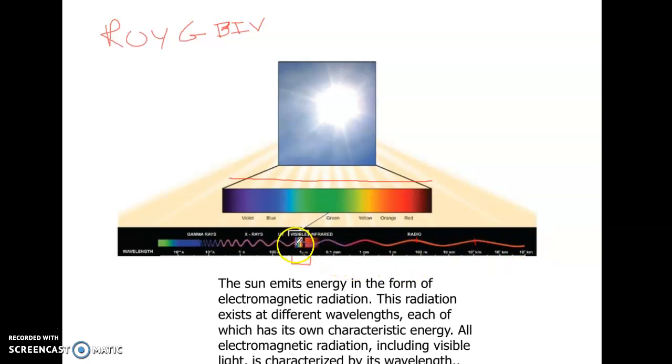As we move to the left, we have other things that you may have heard of. So UV light, which is important because again, that's still coming from the sun, and that can affect us. So there's UVA and UVB that come from the sun, X-rays, gamma rays, etc. And as you can see, on the left side of the visual spectrum, the wavelength is shorter. So we have shorter wavelengths when we go this way.